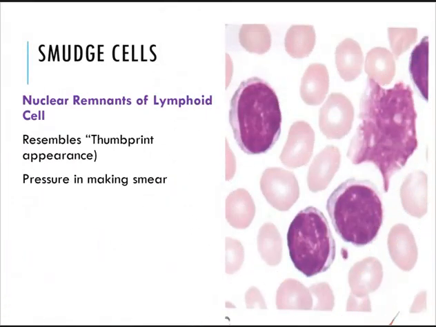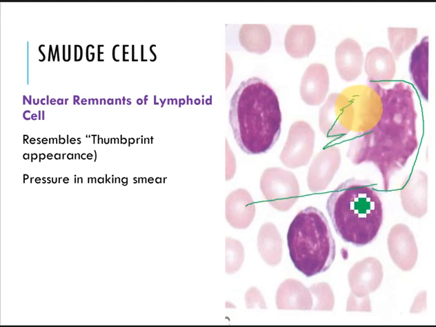Okay? Now next, we have your smudge cells. They are nuclear remnants of your lymphoid cells. It resembles a thumbprint appearance, like a smudge. That's why it is called your smudge cells.